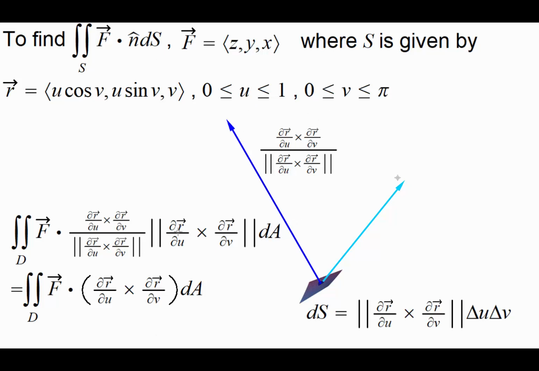After the cancellation of these quantities, all we have to do now is just compute this integral. So let us quickly do that.